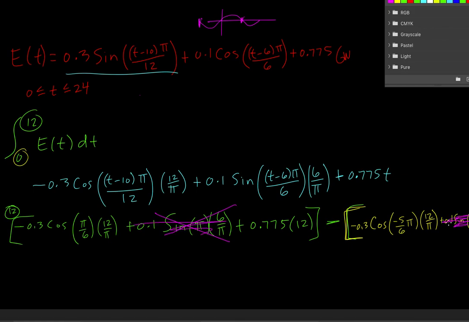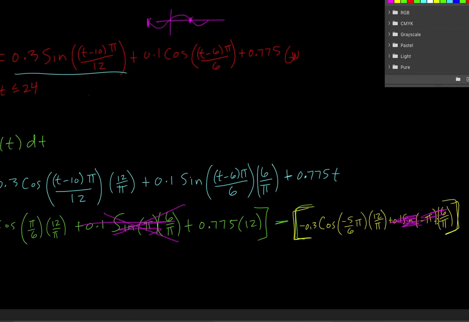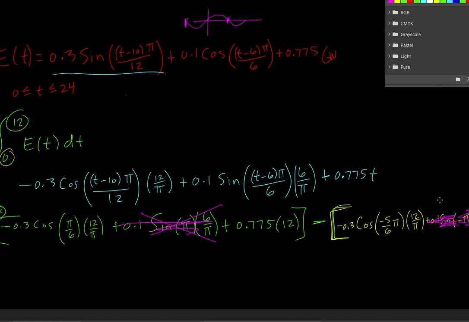This entire portion, including all the stuff over there, is gone, just because that all goes to 0. And so if I just plug in the remaining parts and simplify it, the answer to this ends up being, I'm not going to go through it because I feel confident that you guys can plug that in. And that's gigawatt hours.